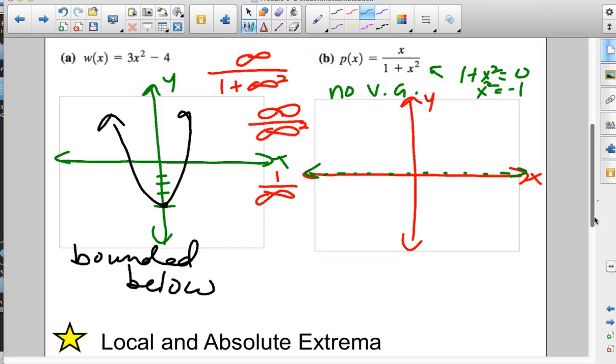Now we could make a table with this one, but I think this one is more effective when we just look at it on the graphing calculator and see what's going on. So we're going to have x divided by 1 plus x squared. And I'm going to do zoom 6, negative 10 to 10 window. Oh my, right? Really? That's all we get? No. We could try messing with the window a little bit and hope for the best here.